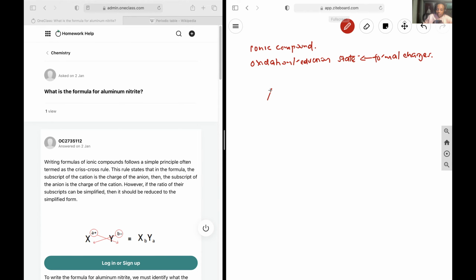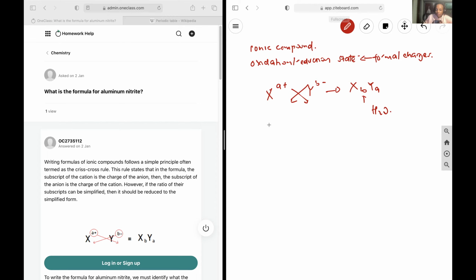And so if we have element X, for example, and element Y with these respective charges, then we're just going to crisscross them. And when they combine, you get X, Y with subscripts, like you see in H2O.